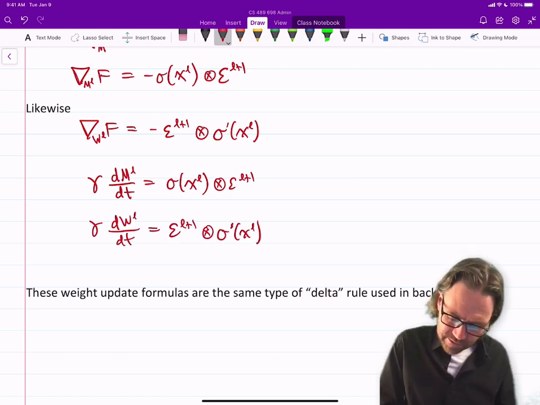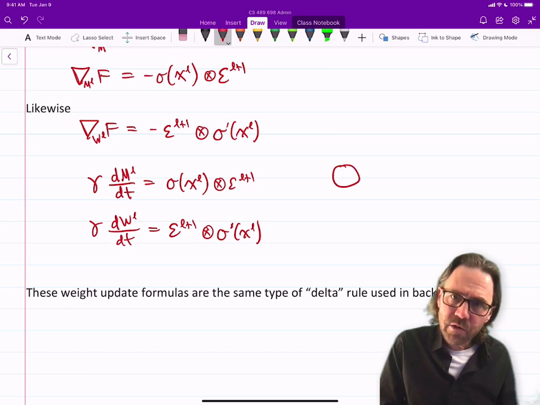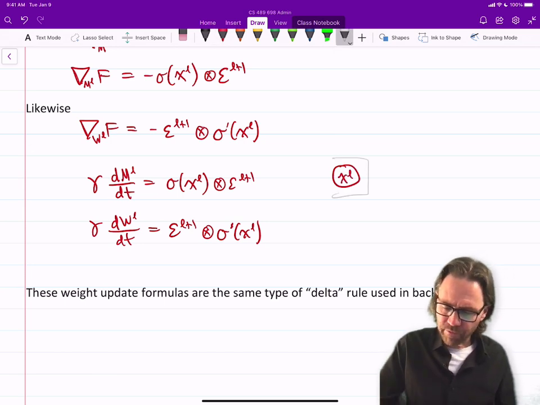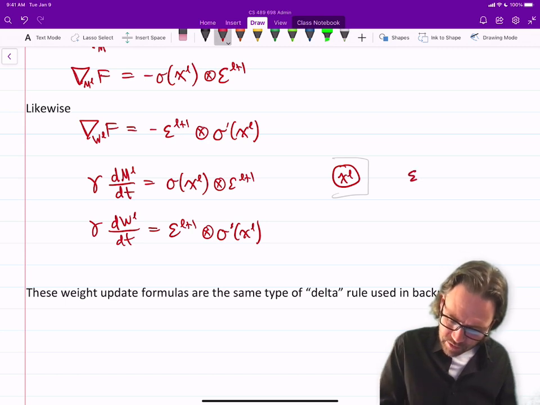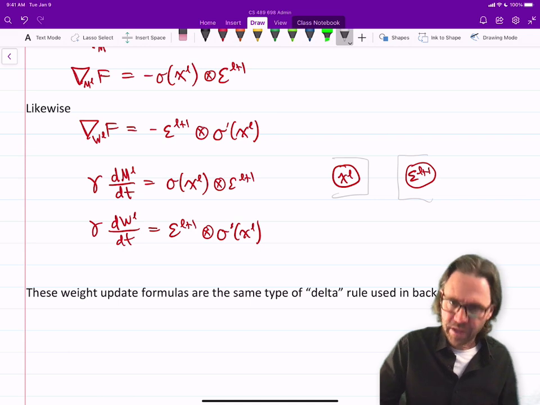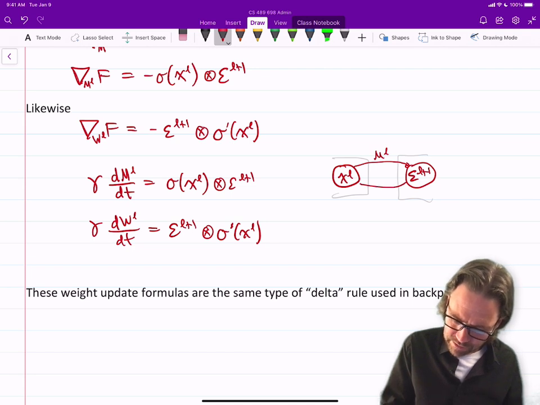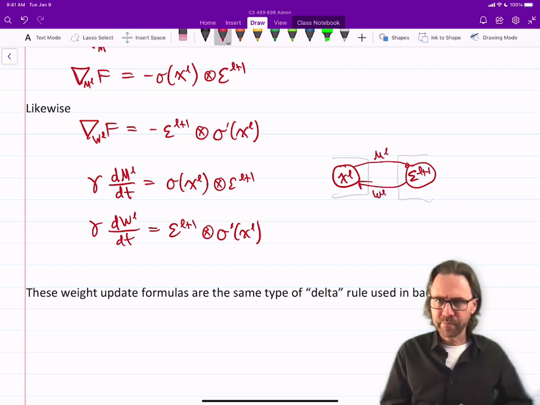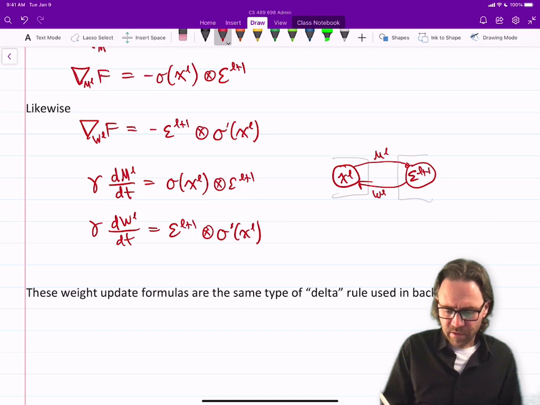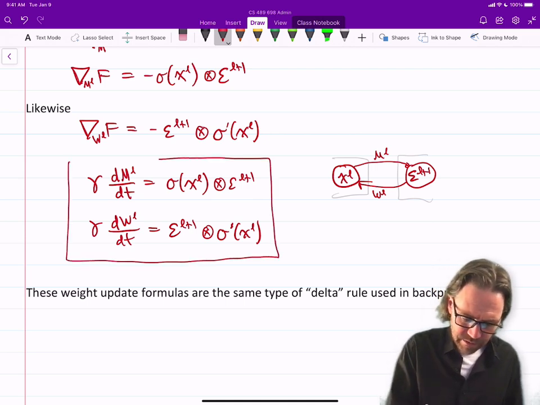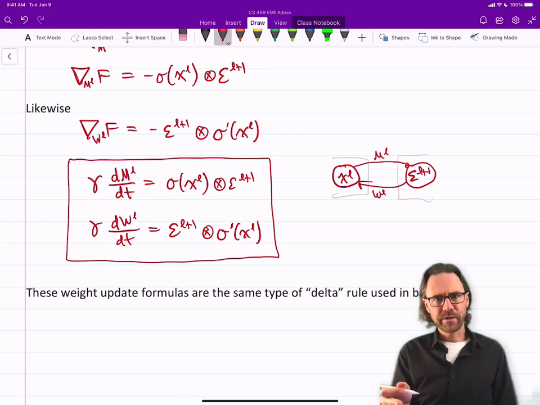So if we look at what's going on here, we have the state node from one layer and the error node from the layer above it, and they're sending information back and forth through their connections. This is the M L, and this is the W L. Now, these differential equations only use local information.